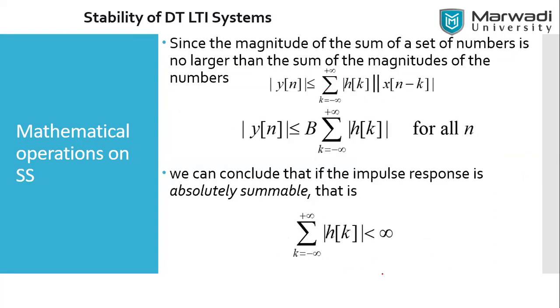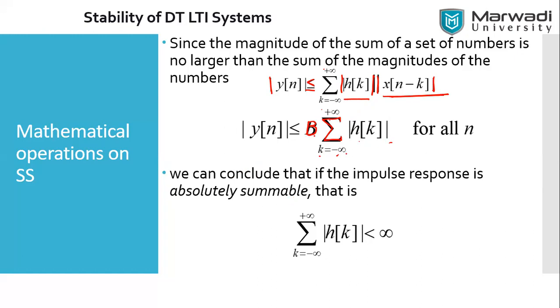Fine. Now, if you split it, then you can write it as magnitude of y of n is less than or equal to sigma k is equal to minus infinity to infinity magnitude of h of k times x of n minus k. Now, as we know, x of n minus k has maximum amplitude of b. And still we have this sigma k is equal to minus infinity to infinity magnitude of h of k for all n.